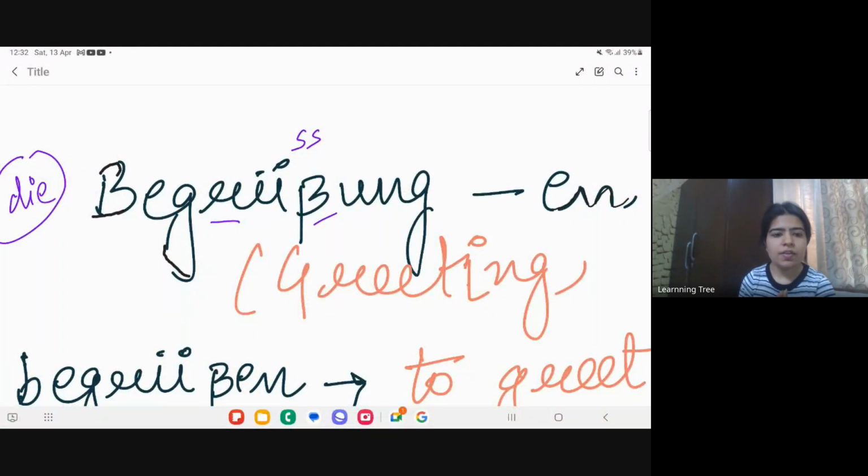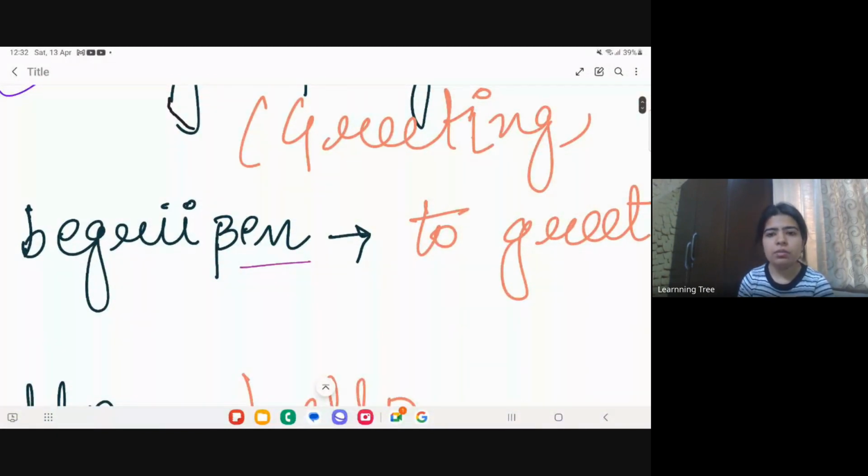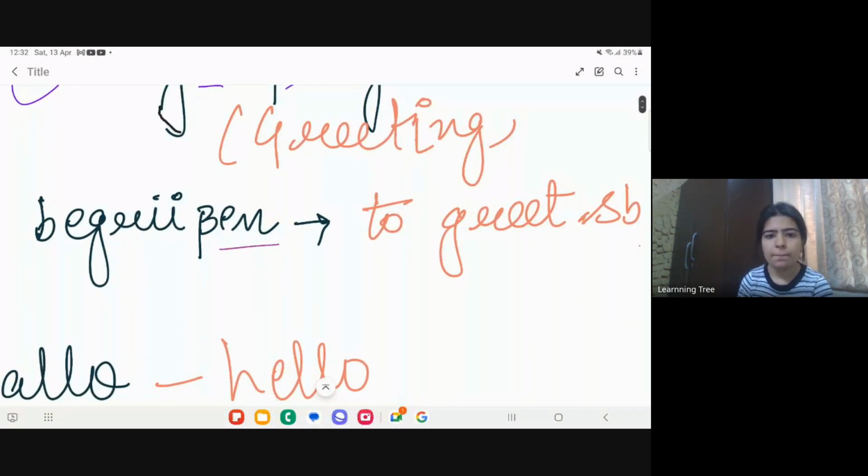So singular is die Begrüßung and plural will be die Begrüßungen. And the verb begrüßen means to greet someone.